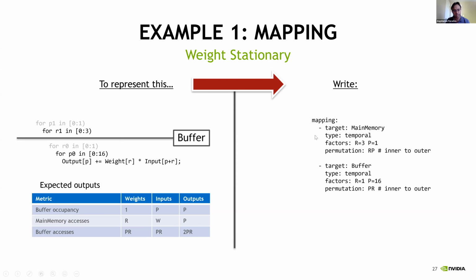So what this is saying is R equals 1 and P equals 16 over here, R equals 3, P equals 1 over here. And now you have to be careful about the permutation. It's inner to outer. Actually, within this level, you don't care about the permutation because R is 1, so it doesn't really matter.